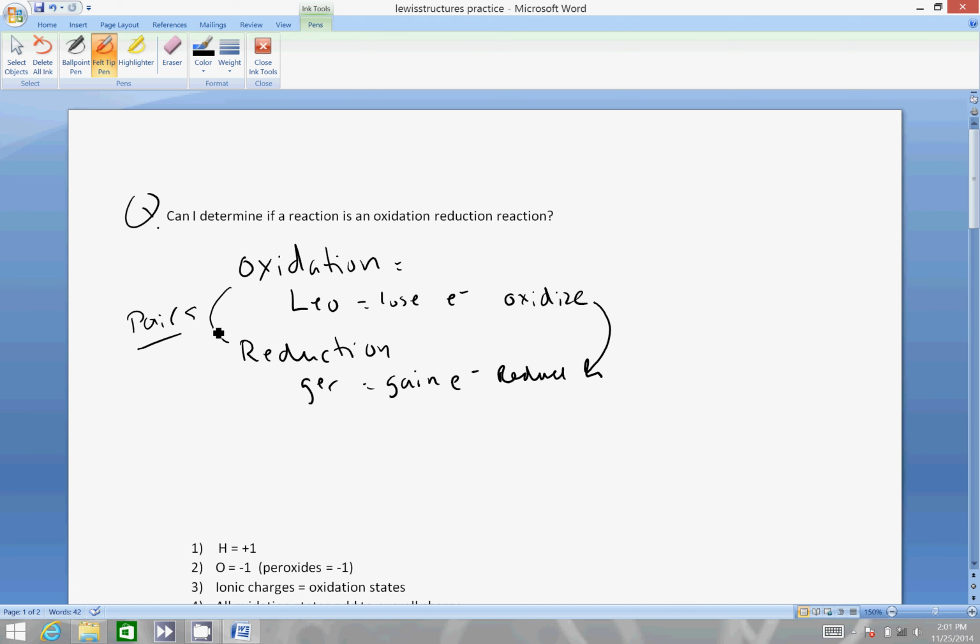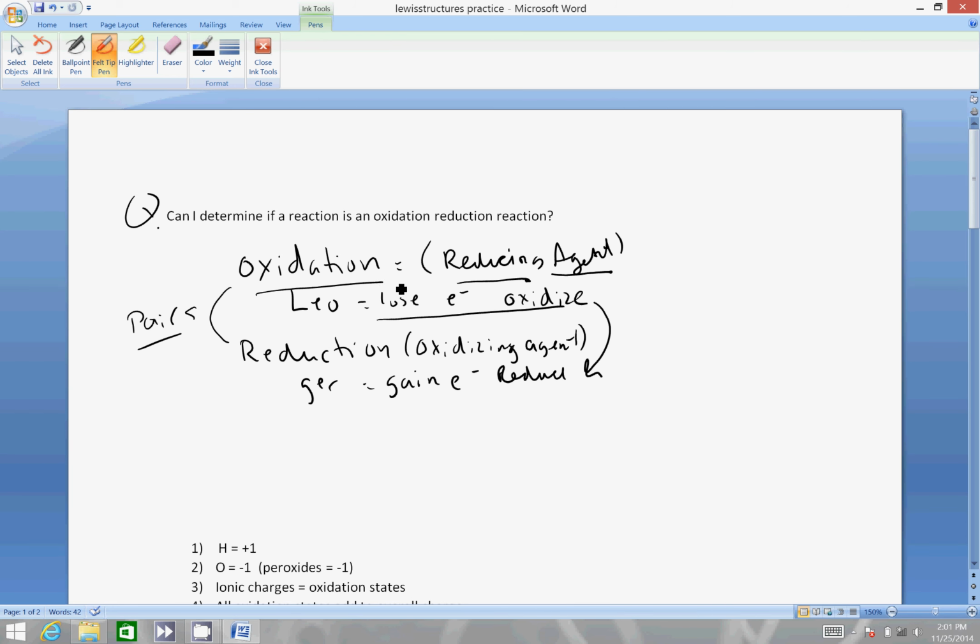Another name for oxidation is a reducing agent, or we have an oxidizing agent. To lose electrons is the same thing as causing something else to gain.